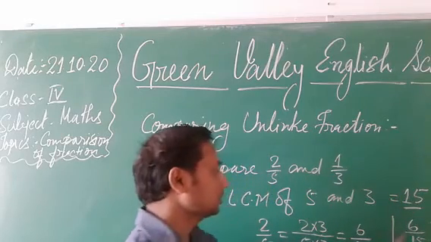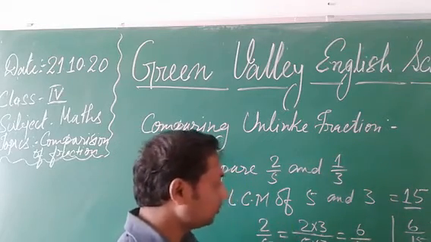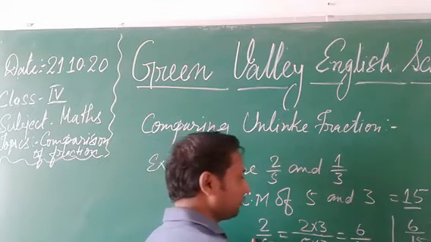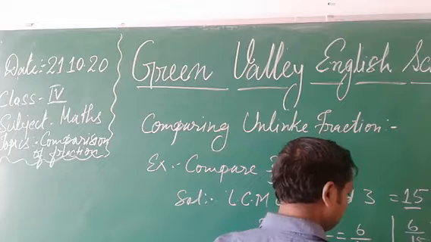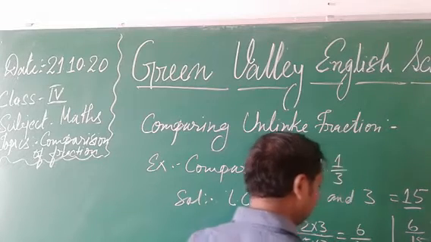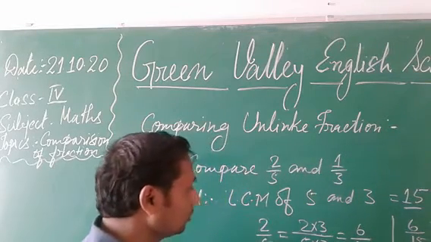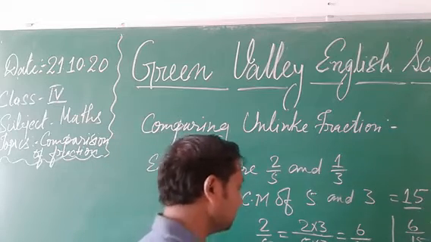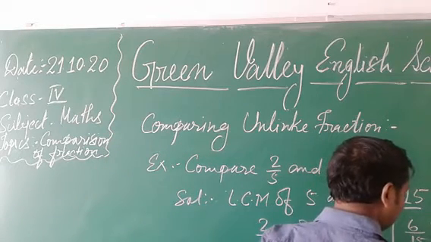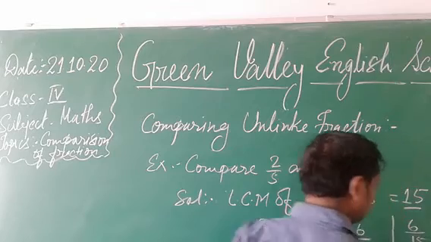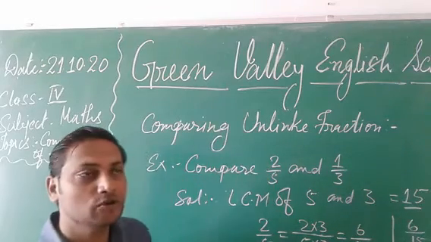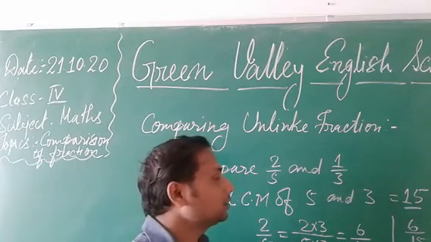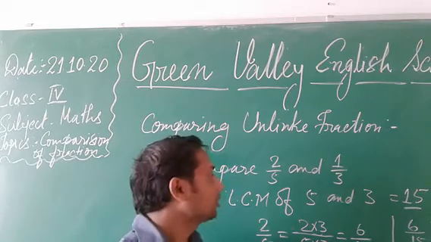So it means 2/5 is greater than 1/3. So students, in this way you can compare any two unlike fractions.